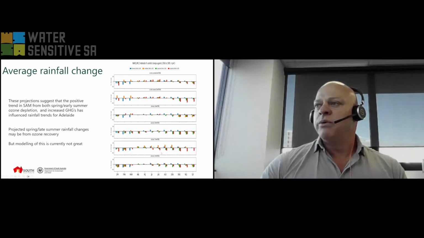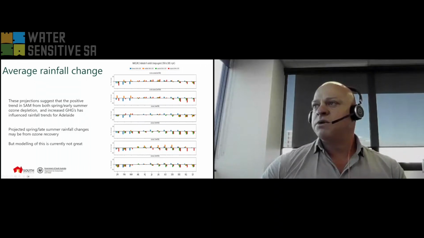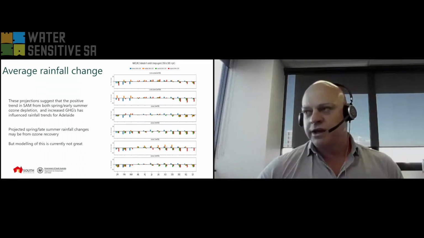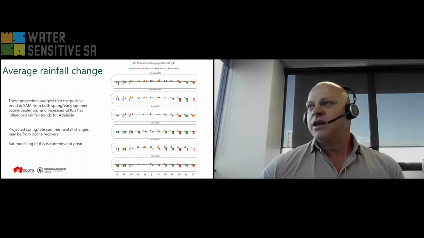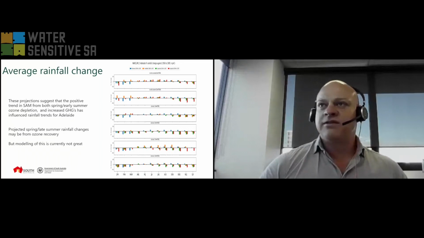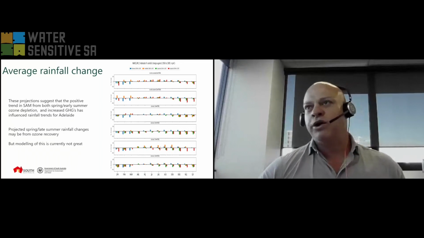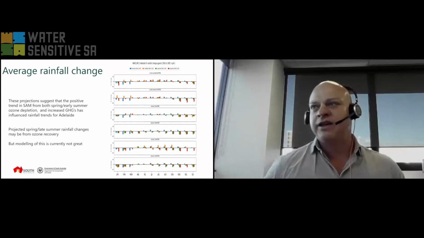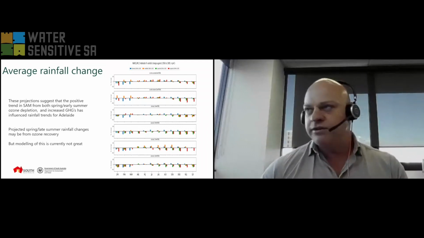And we actually see some recovery of winter rainfall in some of the models, and so there's some very subtle variations in there that are probably down to the influence of things like ozone recovery and the Southern Annular Mode and influences like that, which, you know, we've seen ozone depletion over the last few decades, and we're expecting ozone recovery over the next few decades. So lots of different competing influences in there.